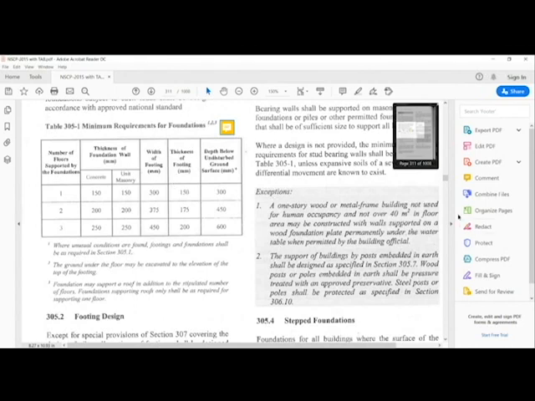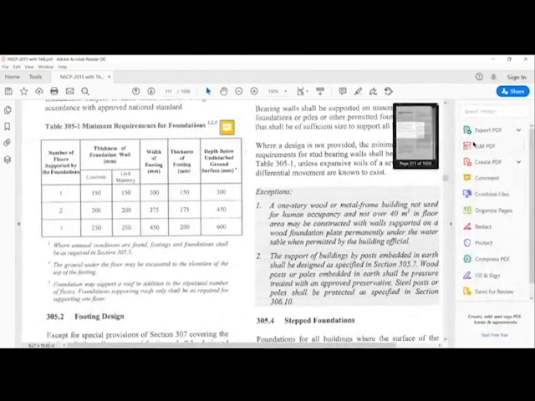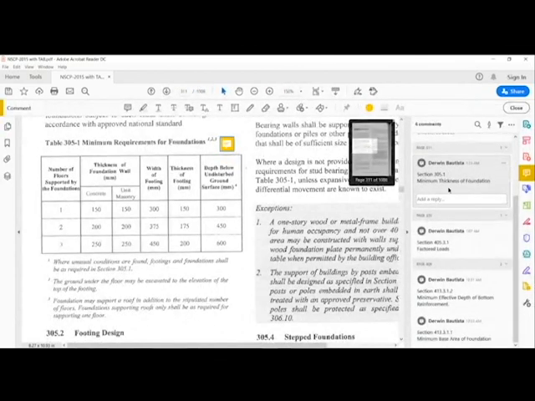But since we are going to design specifically reinforced concrete footing, let's look at section 4.